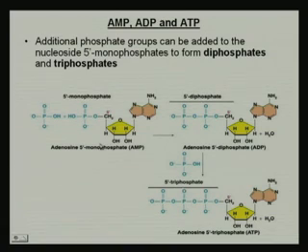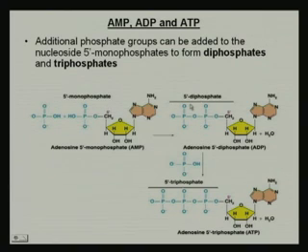See, this is a nucleotide: nitrogenous base, sugar and one phosphate. If we want to attach another phosphate group to this, it can be attached, and it forms adenosine diphosphate.